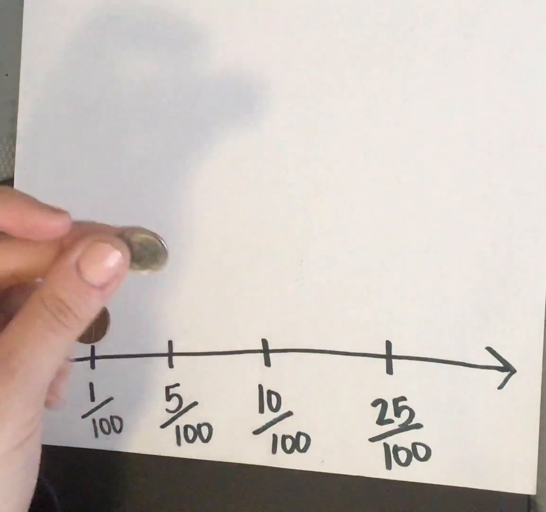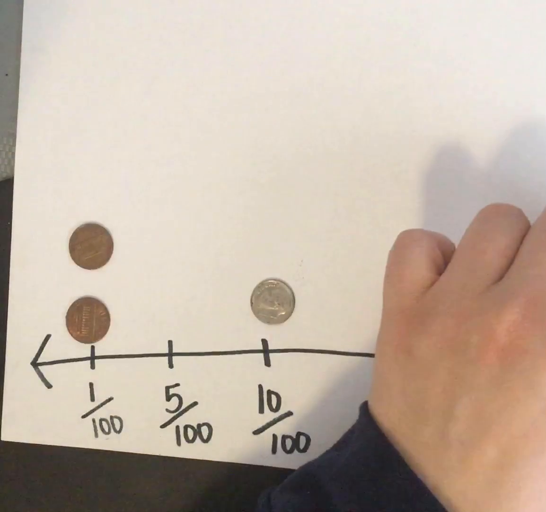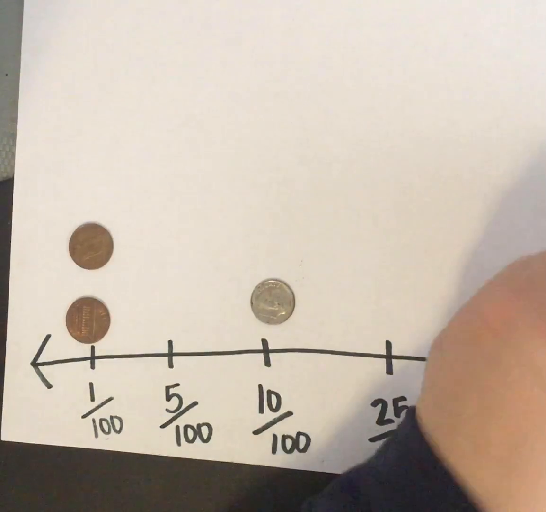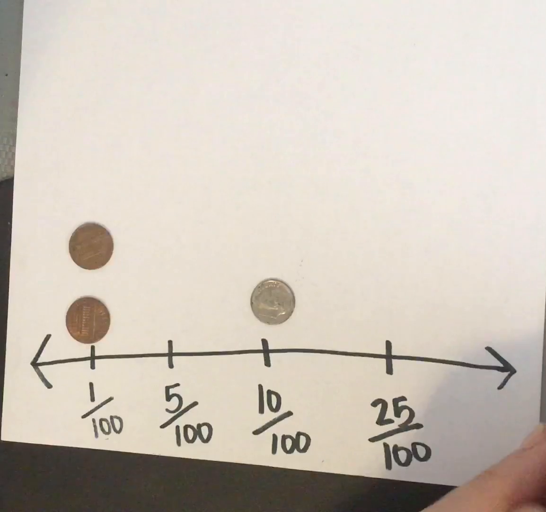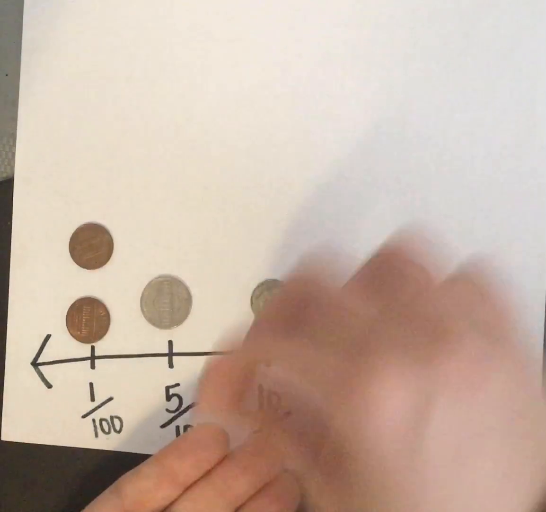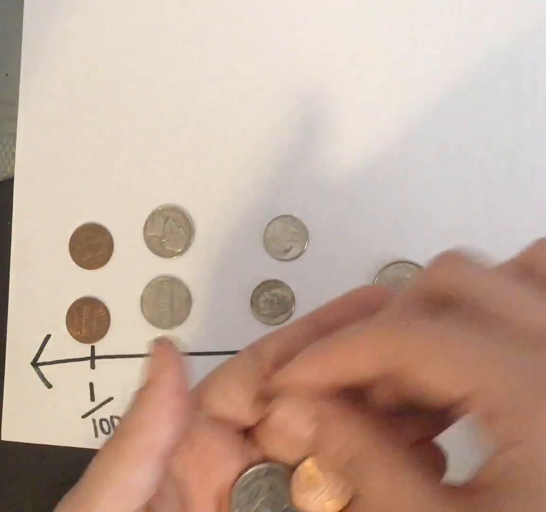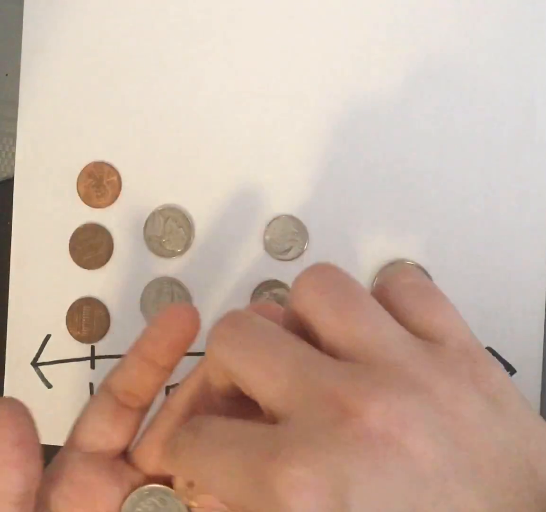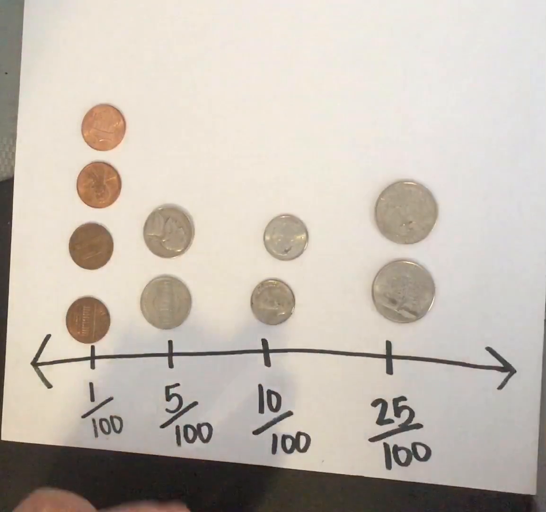I have 1 dime here, so I'm going to sort that with the dimes. And I'm sorting each one. And I'm going to quickly sort so that you could see how I sort the coins.